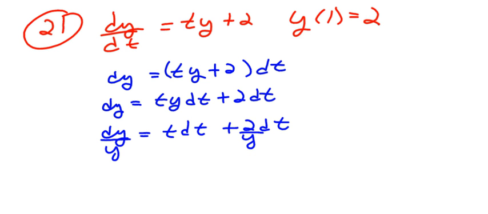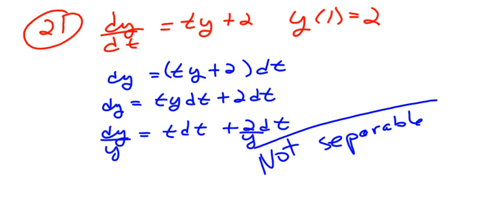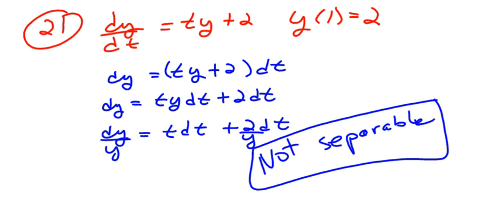I still didn't separate y's. If this is the case, then if I cannot manipulate this, I'm going to go ahead and say this is not separable. And that's all I can say with this one. I cannot go ahead and do any more work. It was not separable. So let's go ahead and try one more that we know we have a constant in.